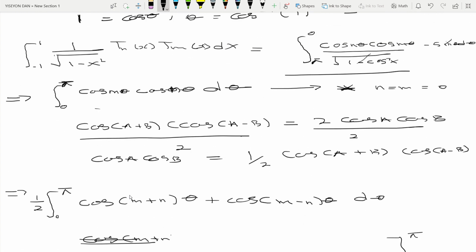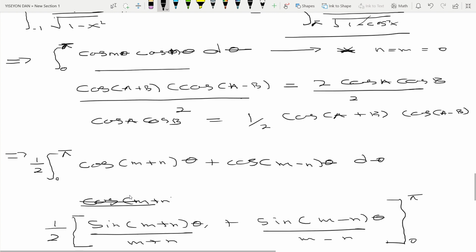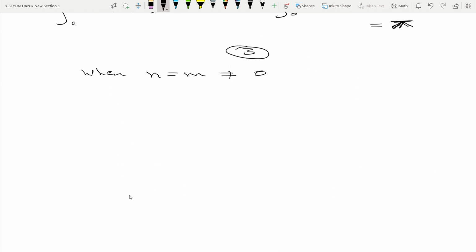From this equation star, we say that when n is equal to m and they are not 0, we'll be solving for this other part. So if n is equal to m, it simply means that we'll be having the integral of 0 to pi of cos squared n theta. So that is what we'll be having.